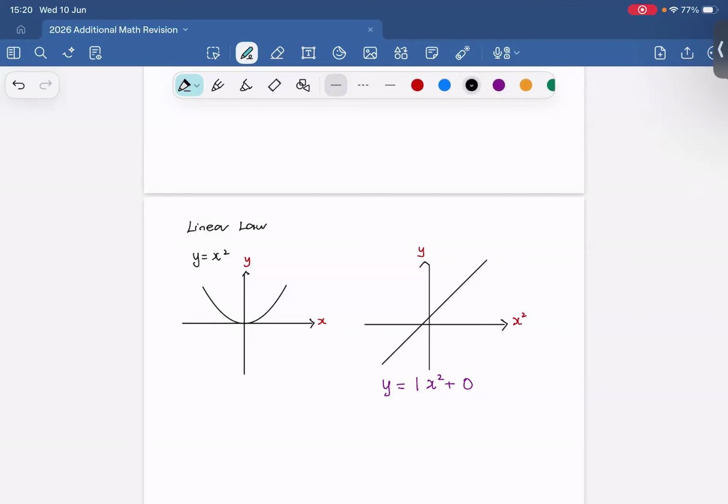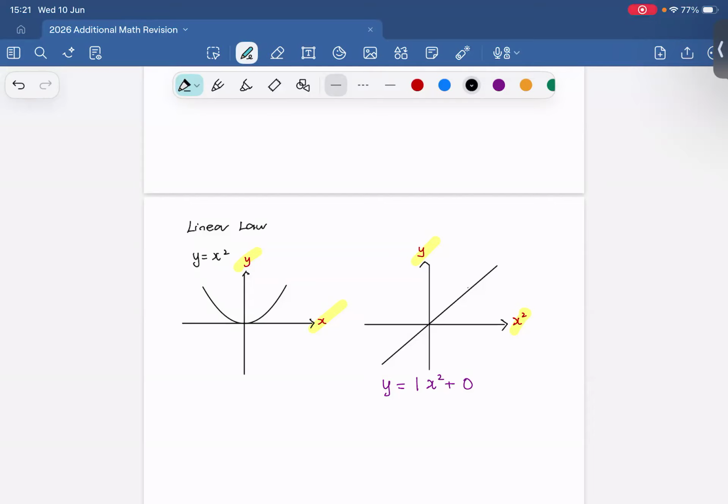So this is how linear law changes a curve into a straight line, just by playing with the axis. This is the whole idea of the whole chapter: how you play with the axis to get a straight line. The equation is the same equation, it's just that we see it differently.